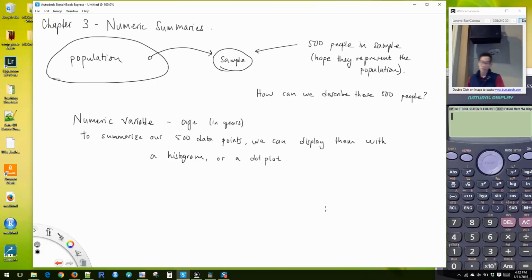But perhaps we want to compare sample to sample, and we can use dot plots and histograms to compare one sample to another. And that part of your homework in chapter 2 dealt with that.